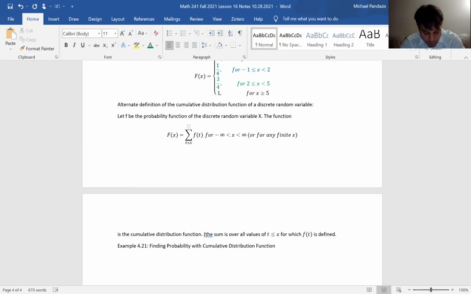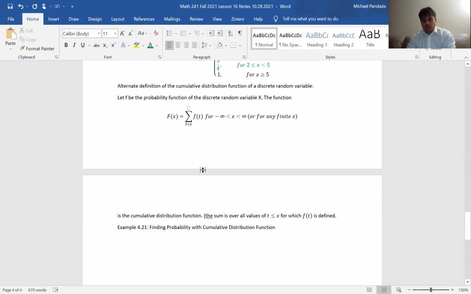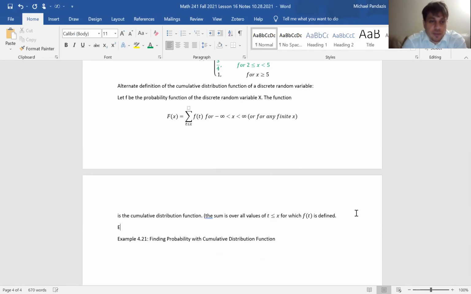Well, we will use that, and I'll explain that more soon. Actually, okay, fine. I'm going to do a side example explaining the last definition.